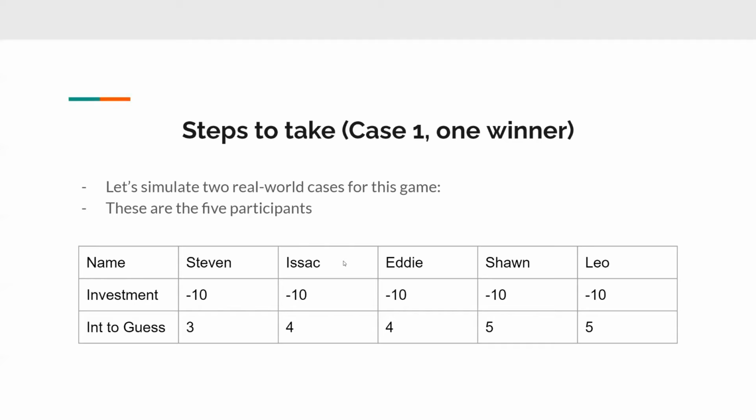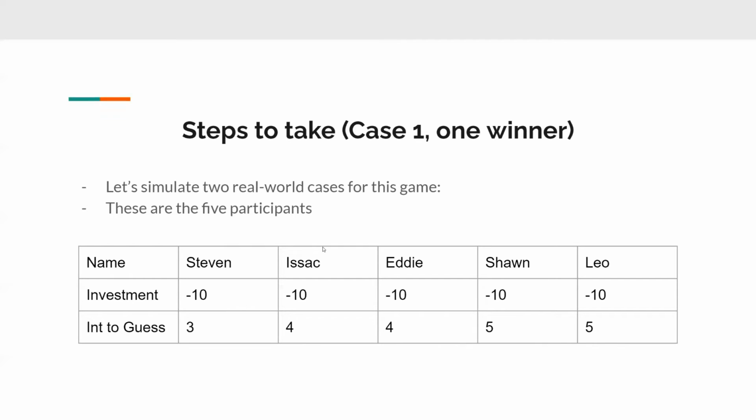Okay, so we have 2 showcases here, and I'll briefly explain how it works in a real world case. There are 5 participants here, which are Steven, Isaac, Eddie, Sean, Liu, and their first round investment in this game is 10, and the integers they're going to guess are 3, 4, 4, 5, 5 in such pattern.